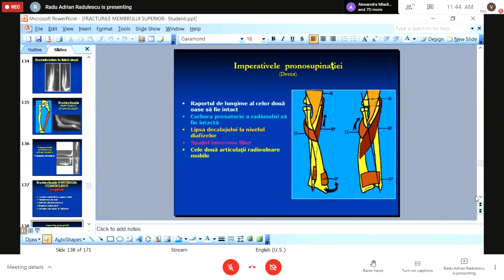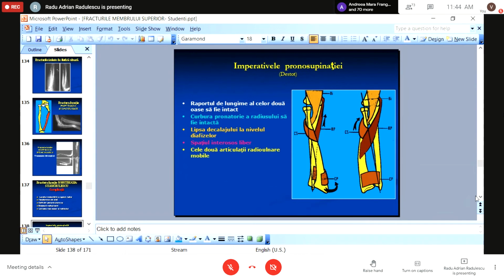I also have to get back to anatomy for a second. Like I said, the forearm is specialized in pronosupination, and this is the mechanism. The radius is the one that surrounds the ulna.